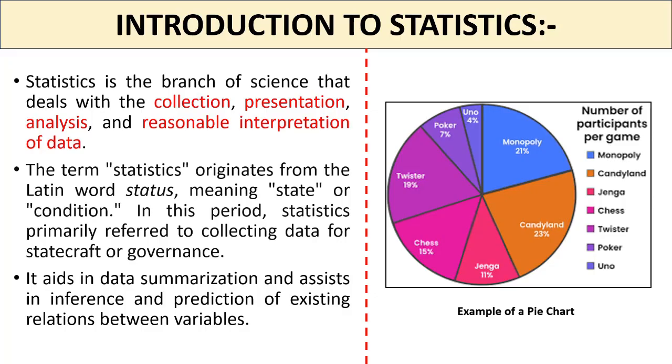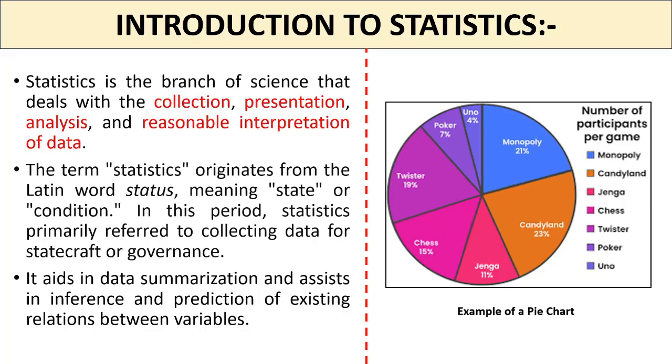So already in your lower classes, you have learned pie charts and bar graphs. All these are part of statistics. And the most important thing is data summarization. When I was small, I used to read about raw data, then group data, right? Whenever we collect the data, at first we summarize it or group it into frequency distribution tables.